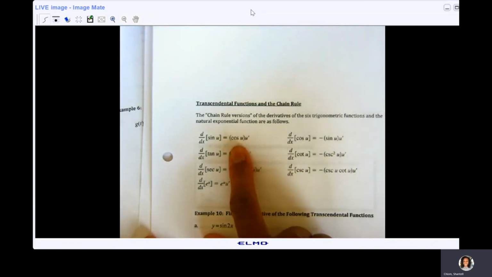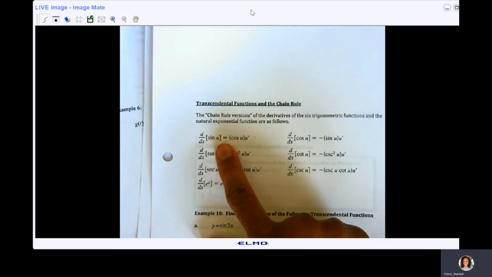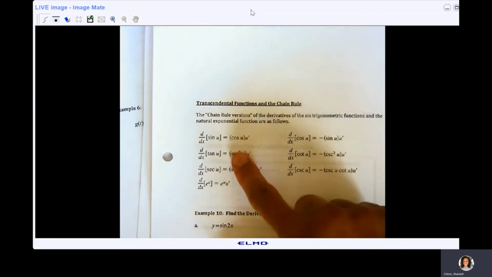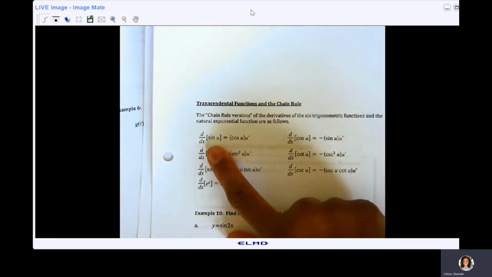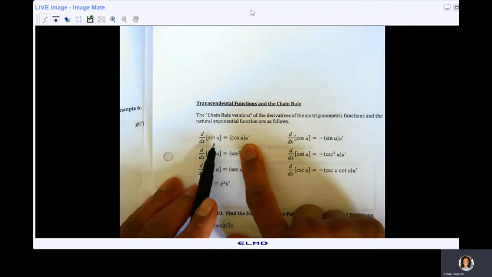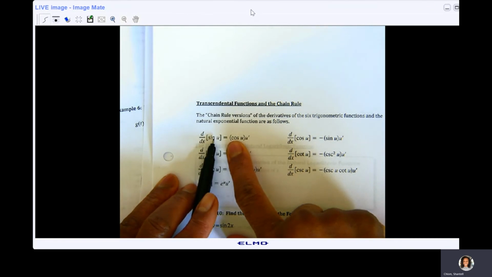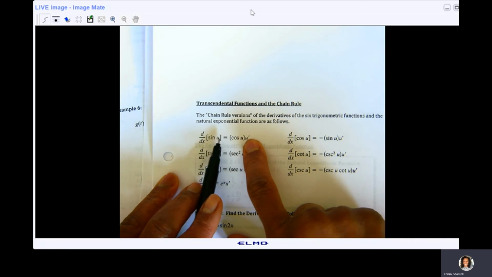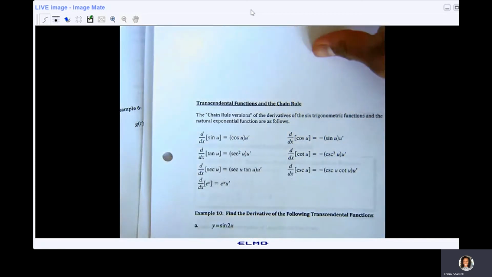Here, we kind of just applied it, but when you're dealing with the chain rule over trig functions, transcendental functions, same thing. They're functions that have movement, transcendental. You would take the outer derivative and then the derivative of the inside, which is just whatever the derivative of u is. So the outer derivative of sine is cosine, keeping the u the same, and then times the derivative of u itself, which is what we just did.